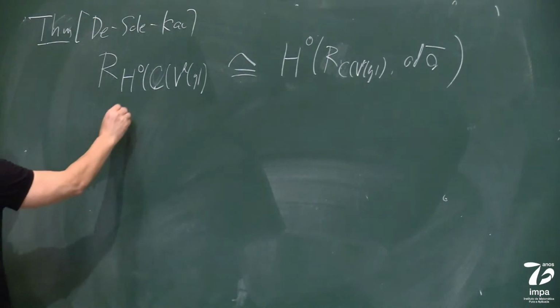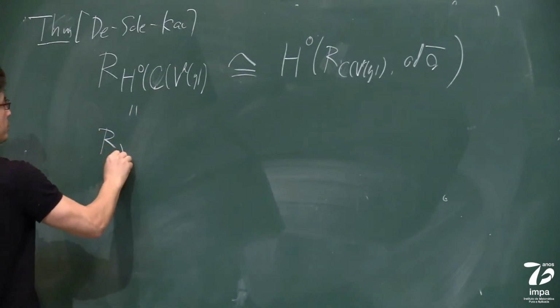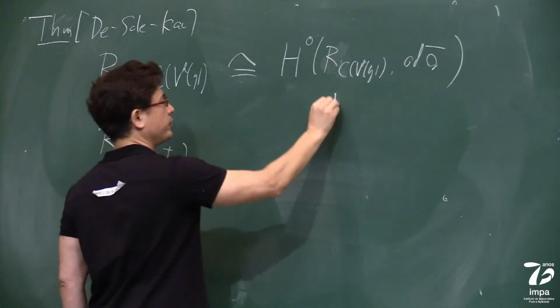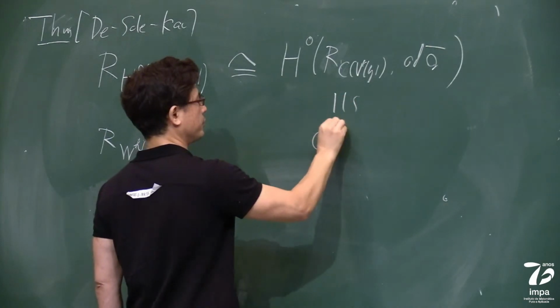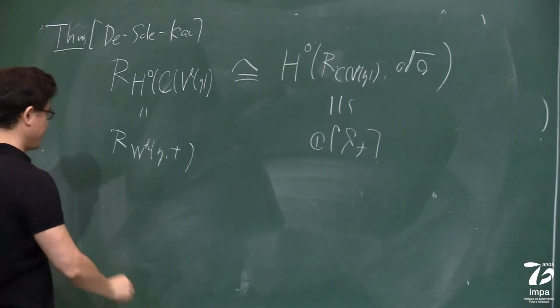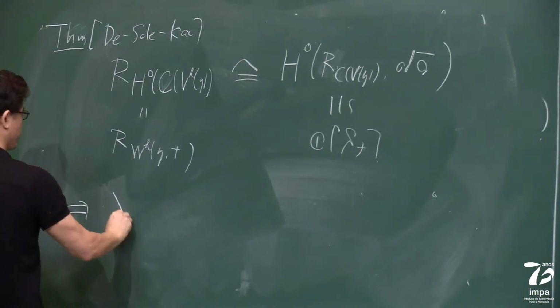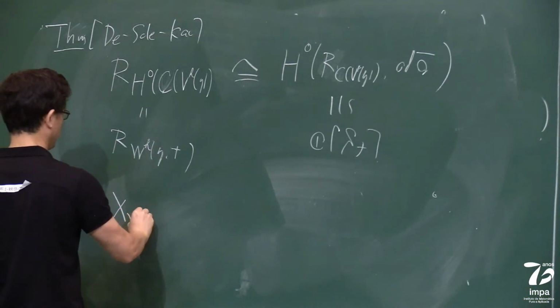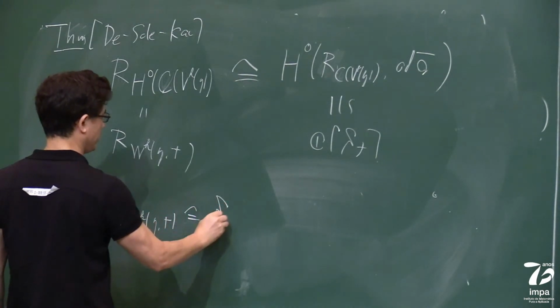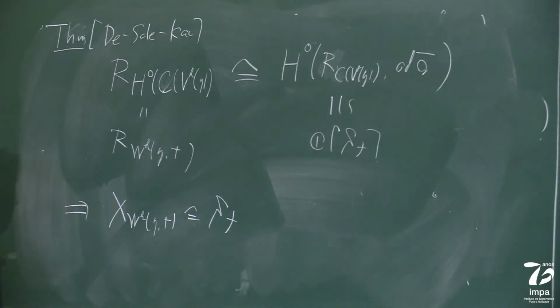And this is nothing but the C_2 algebra of W^k(g,f). And this is isomorphic to the functions on the Slodowy slice. So this means that the associated scheme of the W-algebra is the Slodowy slice at f.